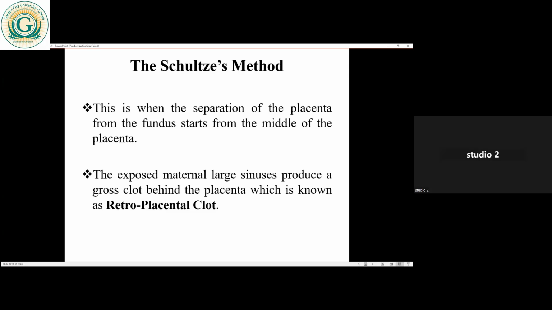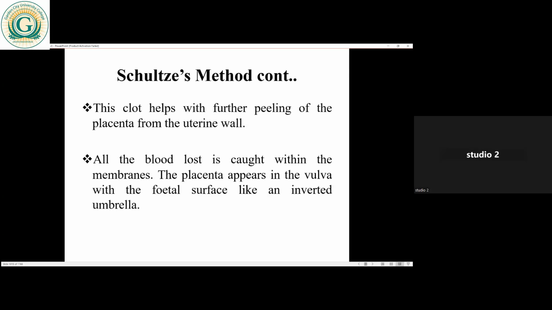In this type of separation, the placenta separates like an inverted umbrella and creates a middle where the mother bleeds into, and then the blood clots and increases weight on the placenta and causes the placenta to separate. That method of separation we call the Schultze method. This clot helps with further peeling of the placenta from the uterine wall. All the blood loss is caught within the membranes.